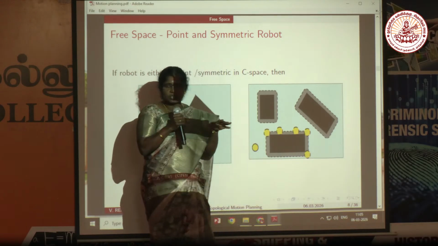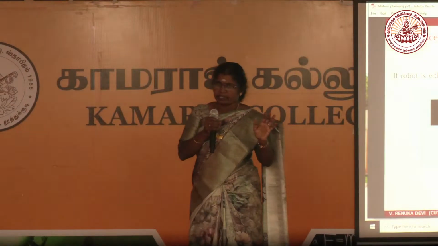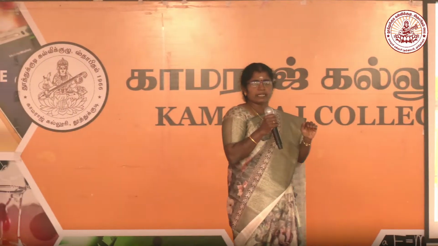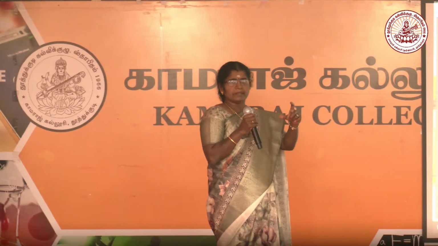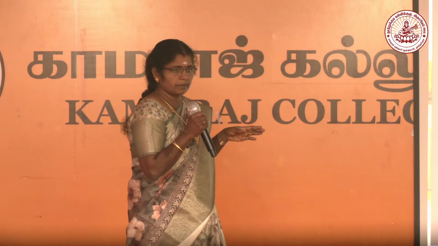That also is considered as the obstacle. If it is a point, no need to bother about that. As a symmetric object, you have to account for the radius of the symmetric robot. That radius has to be removed from the free space, and that also is considered as the obstacle. So based on that obstacle, we have to consider the path.